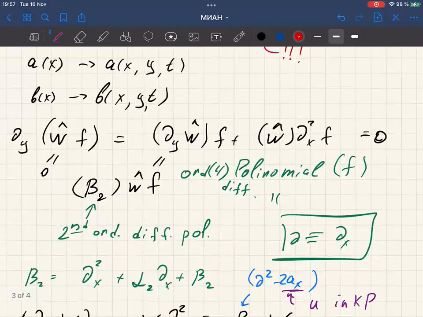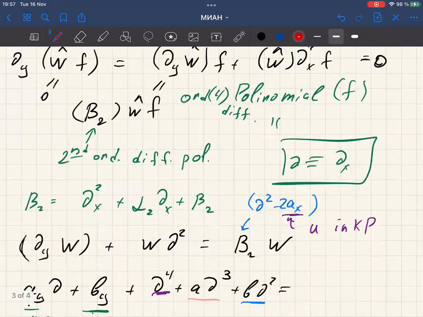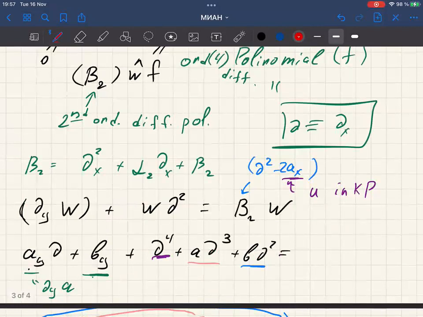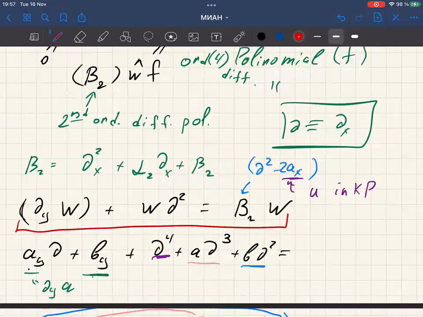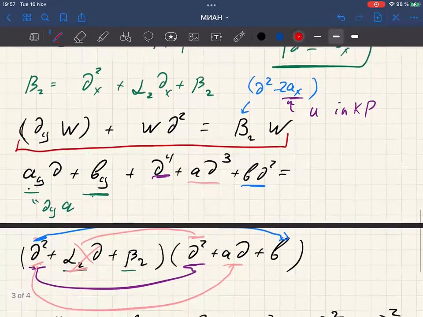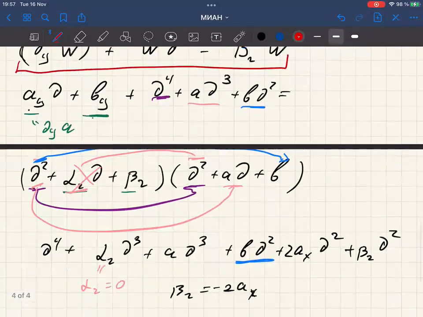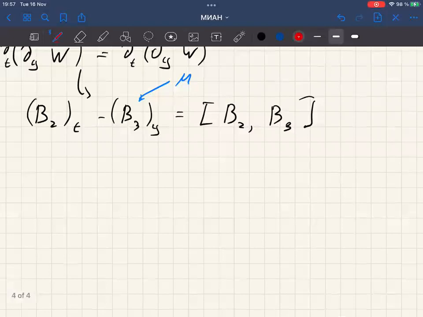As I said before, this equation for the W operator is also important for us. Now KP.